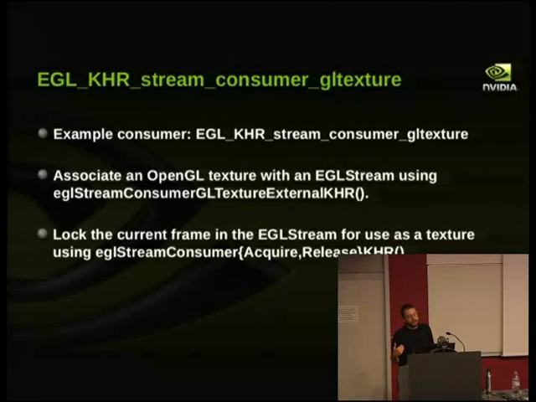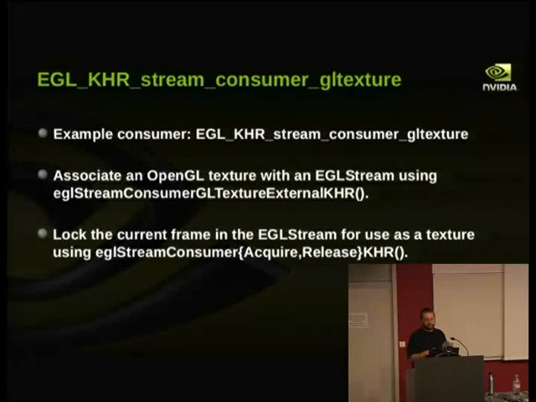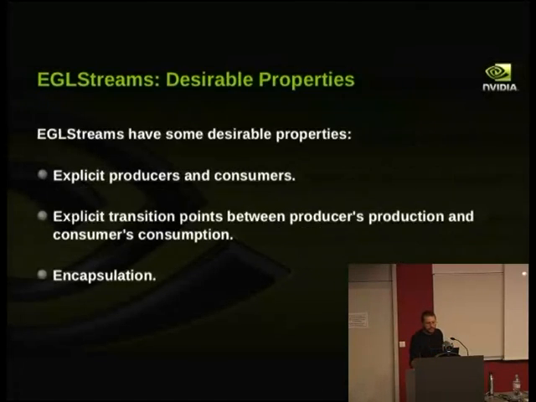On the other side, GL texture is an example stream consumer. So you can associate an OpenGL texture with an EGL stream, and then when you use it, you lock around its use, and then the contents that the producer is delivering into the EGL stream is what the texture gets to use.